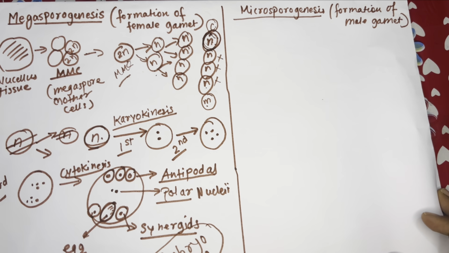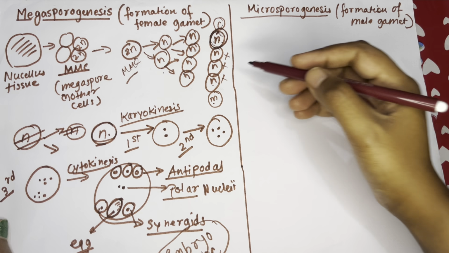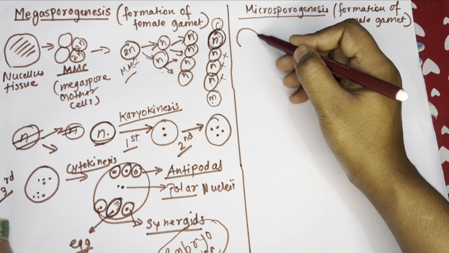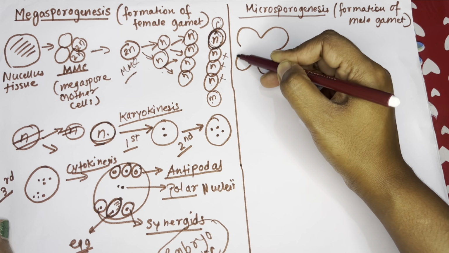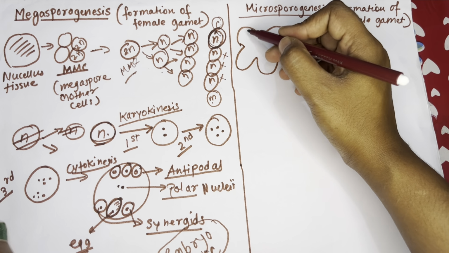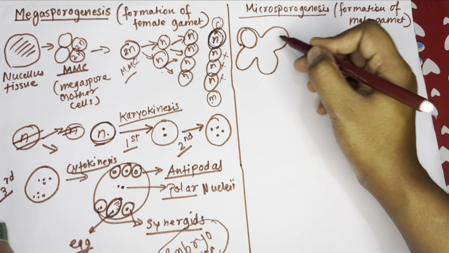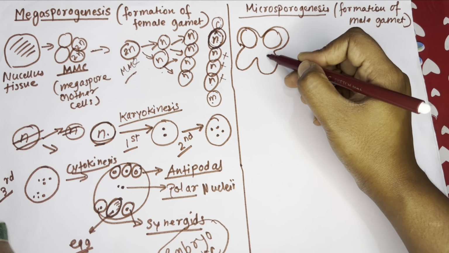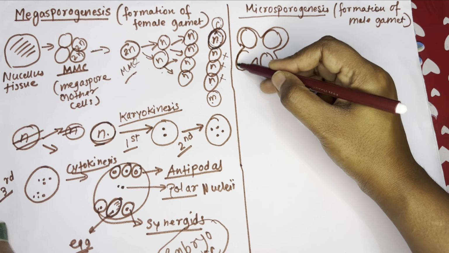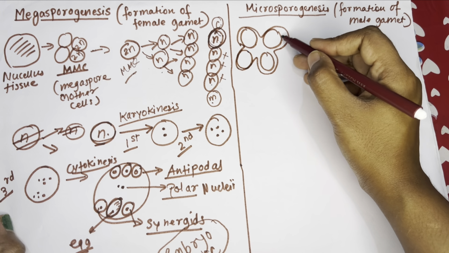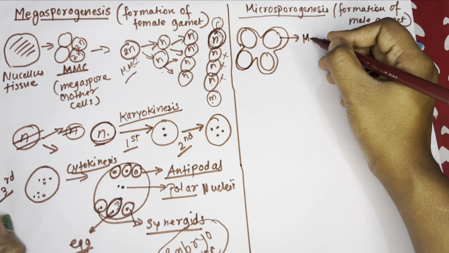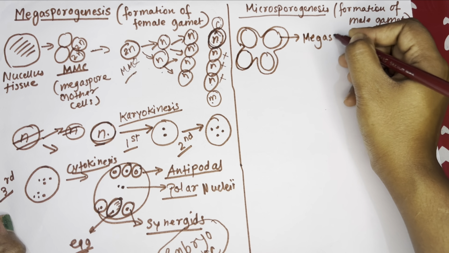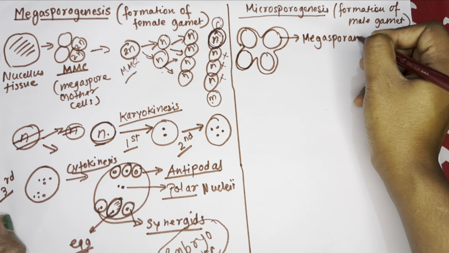Now let's start microsporogenesis. See, if we cut the anther and observe it from the top view, the anther will look like this. Okay, here these four structures are called microsporangium.